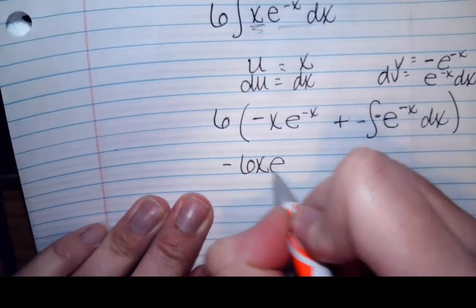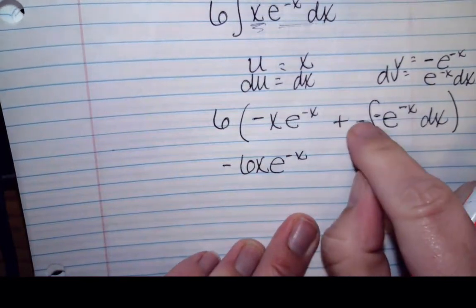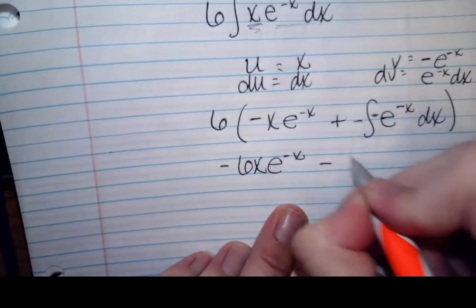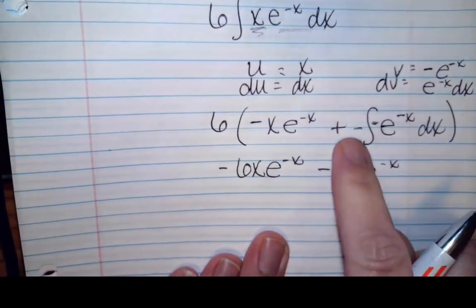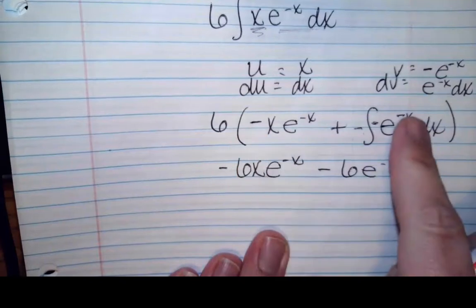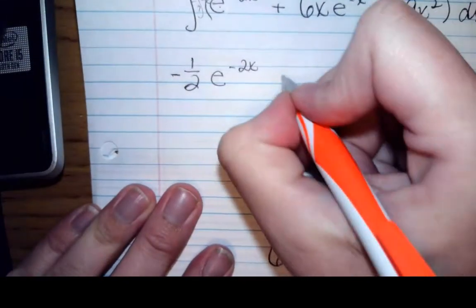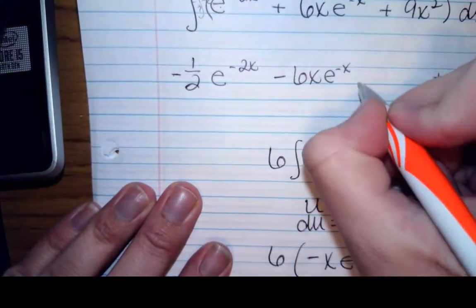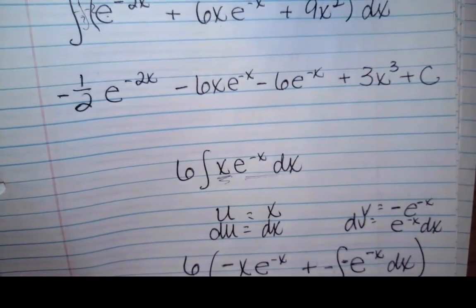So negative 6x e to the negative x. This term is going to be just negative e to the negative x. The negative came back in because I needed to balance, and then I distributed the 6. So these two pieces come back up in here: negative 6x e to the negative x minus 6 e to the negative x. Okay, so my final answer looks like that.